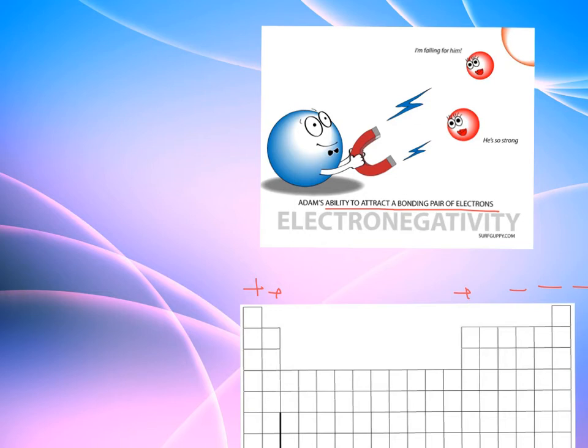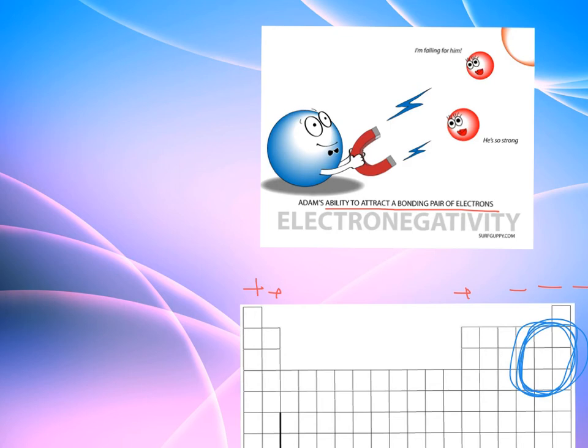And so if you're attracting electrons, which side of the periodic table would it make much more sense for elements to be able to attract electrons? And if you look at the graphic I have here, it would make more sense for the right side of the periodic table to attract electrons.